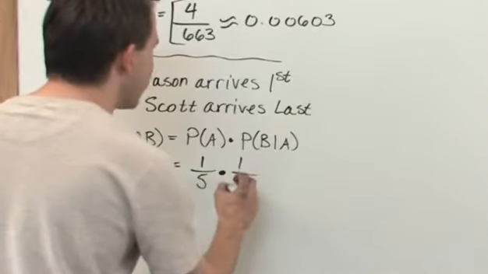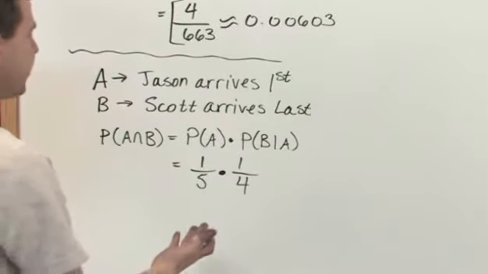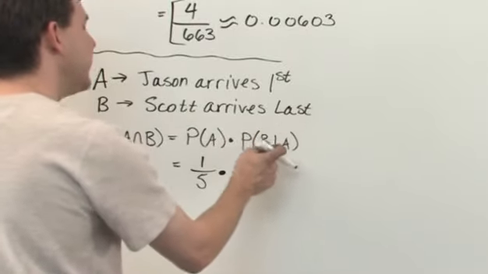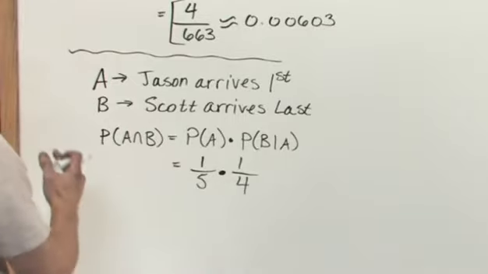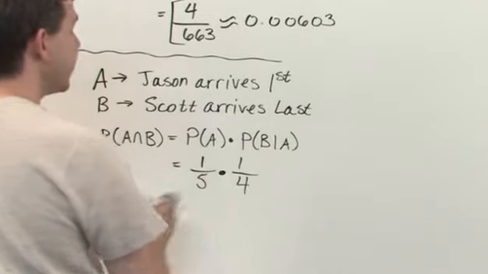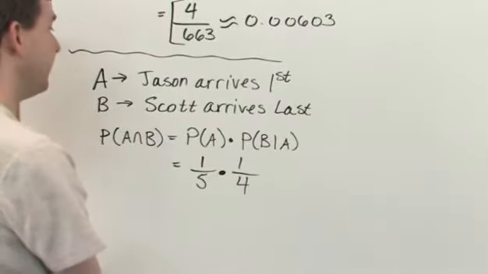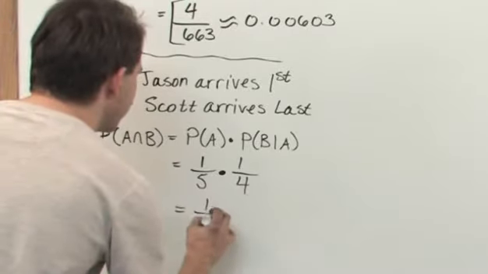There's only 4 more people left, because if Jason has arrived at the party, then there's only 4 people left to possibly arrive last. So the probability of Scott arriving last, given that A has happened, is 1/4. Because Jason has been removed from the pool, the probability of B happening is actually changed as a result of A happening. There are less people involved, so that's why these are dependent events. So the answer is 1/20.